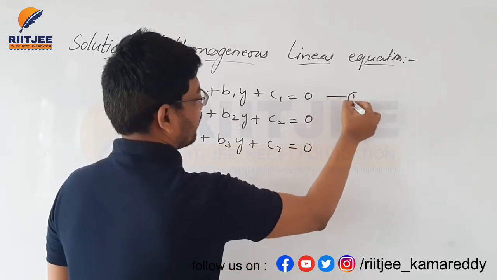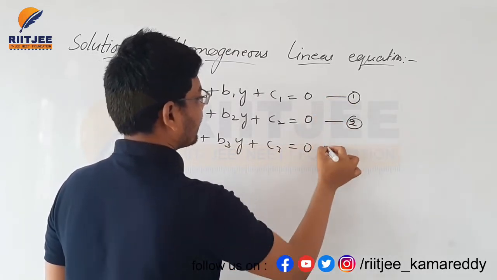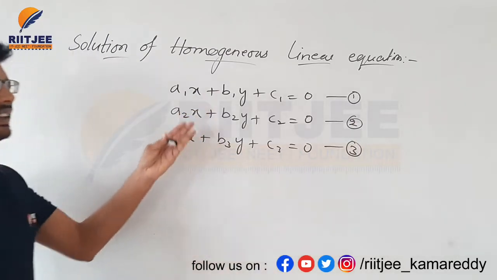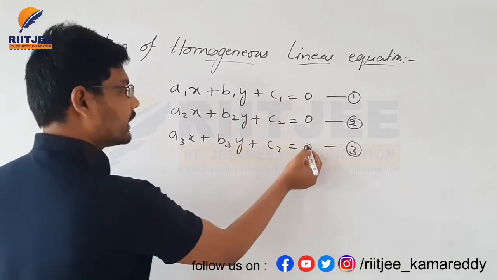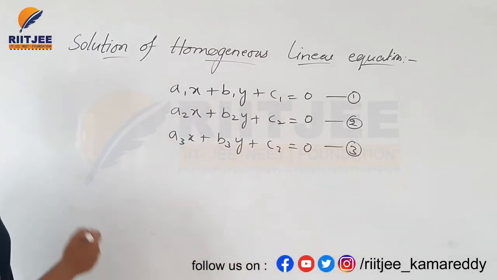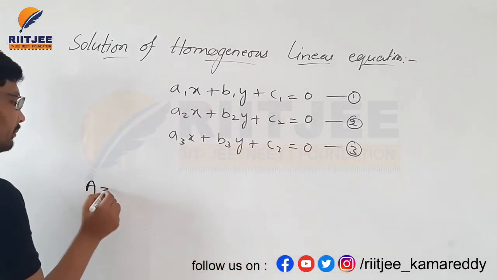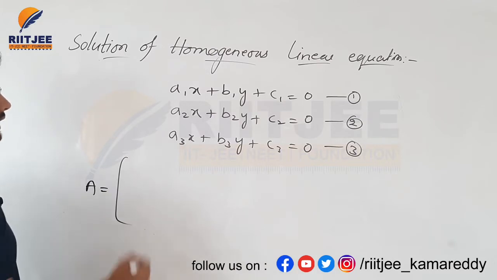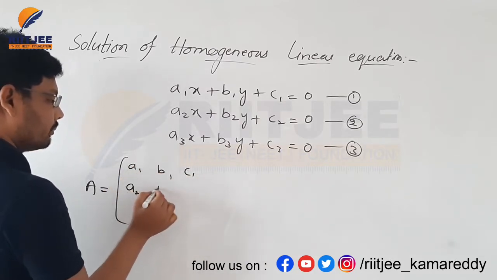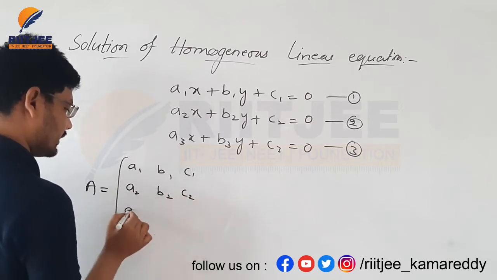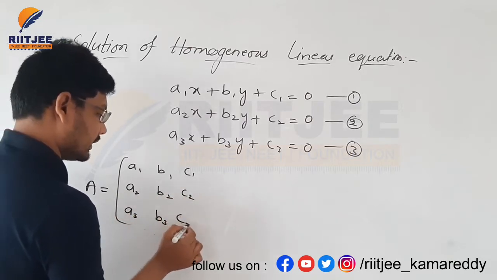These are equation numbers 1, 2 and finally 3. These are the three linear equations with a constant 0. From these three equations, we should frame a coefficient matrix: a1, b1, c1, a2, b2, c2, a3, b3, c3.